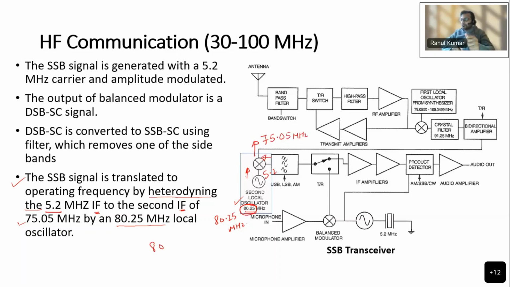If you subtract 80.25 minus 5.2, you will get 75.05. So after this second local oscillator, we have shifted the frequency of our modulated signal to 75.05, by superheterodyning, or shifting the frequency.